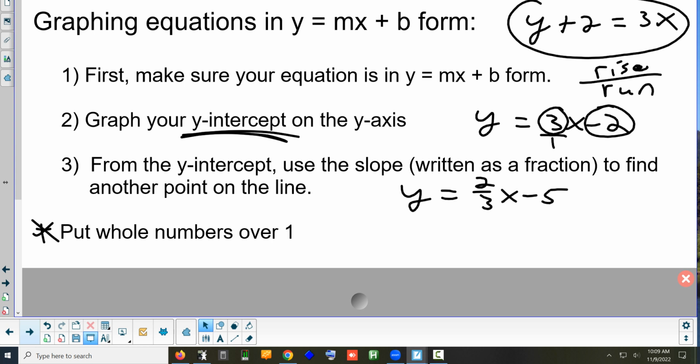And this is the other reason why we don't write slope as a decimal. Because 2 over 3, the number 2/3, that's like 0.6 repeating. Well, if we wrote it as 0.6, it doesn't really tell us directions anymore, like up and down and left and right. So always leave your slope as a fraction.